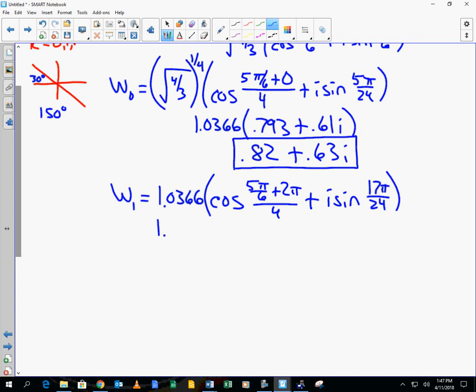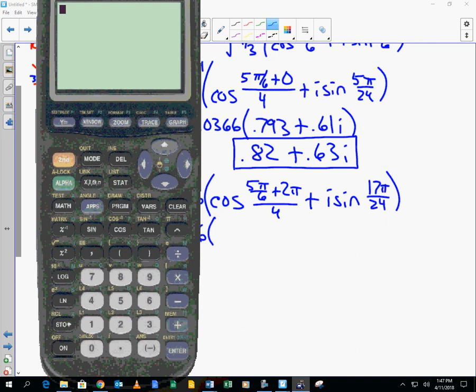So I have 1.0366 times the cosine of 17 pi over 24, negative 0.61, plus i times the sine of 17 pi divided by 24.